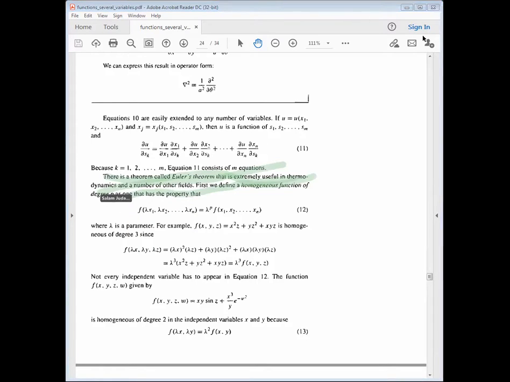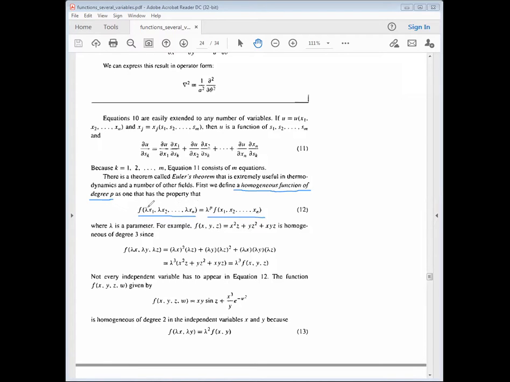A homogeneous function of degree p is a function which has this property. The function has variables x1, x2, x3 till xn, all these independent variables.